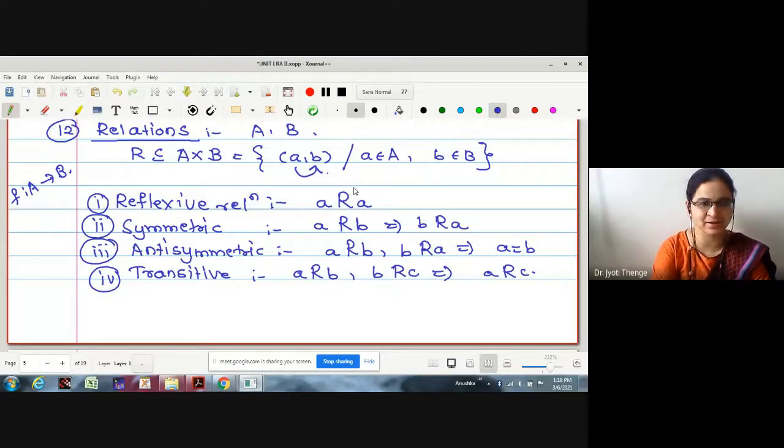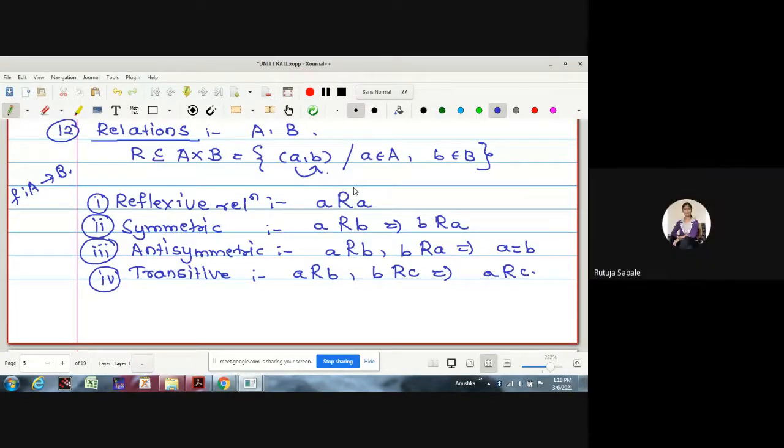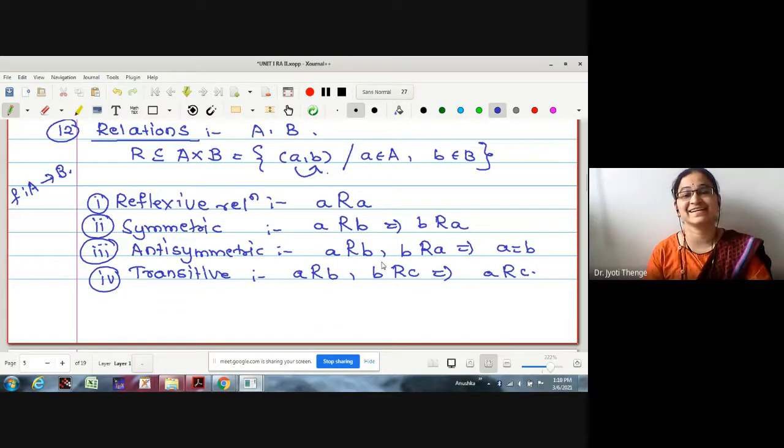Suppose I am considering a class of MSc 1 mathematics and I define the relation as a friendship relation between two students. Is the relation reflexive, is a student a friend of himself or herself? Yes, it is. It has to be. We should love ourselves, we should be a good friend of ourselves. So the relation is reflexive.